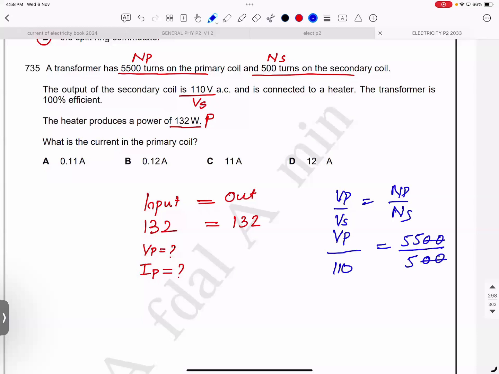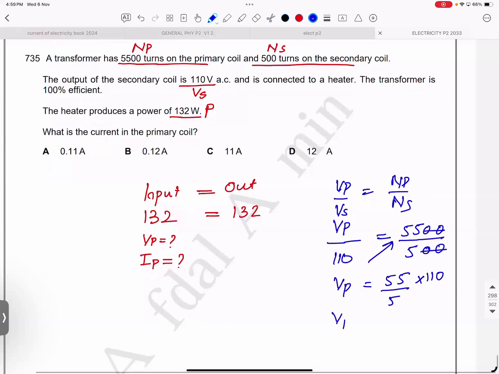Two zeros simplified, so this is 55 over 5 times 110, which is 1210 V, the primary voltage.